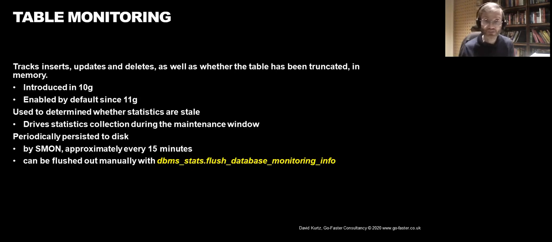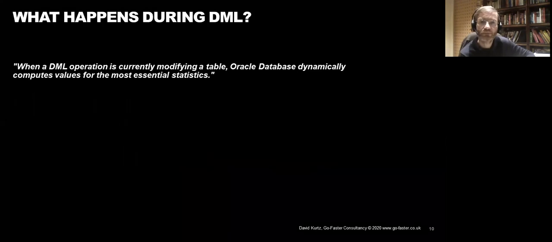And if they are stale, that's what drives stats collection in the maintenance window. Periodically, that information in memory is persisted to disk roughly every 15 minutes. But if you can't wait, you can flush it out with DBMS stats flush database monitoring info.